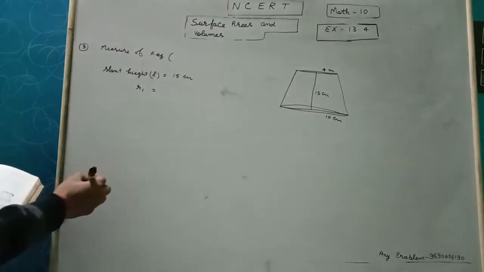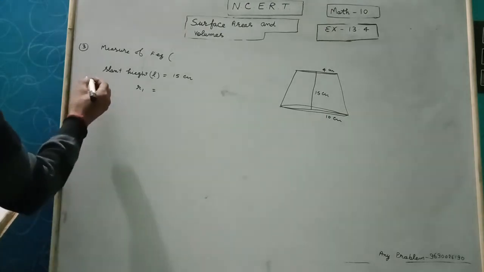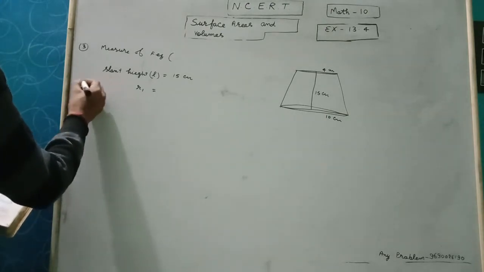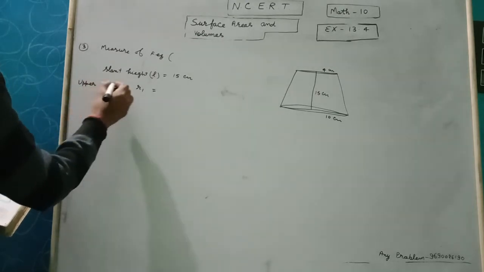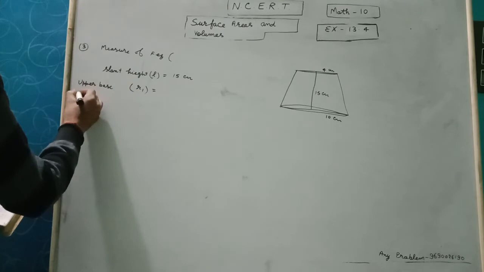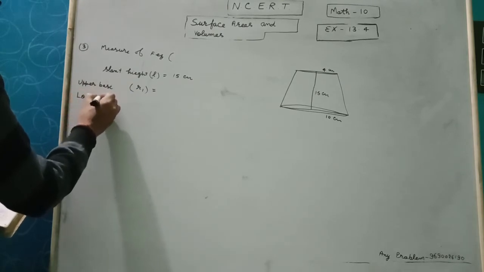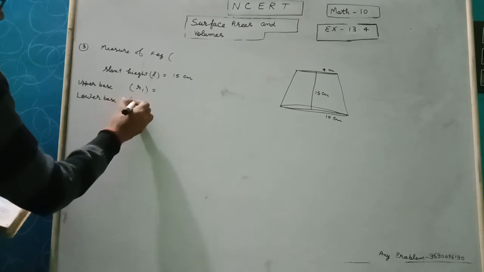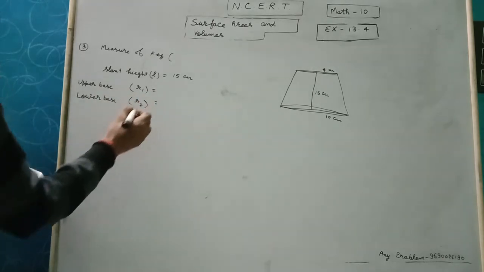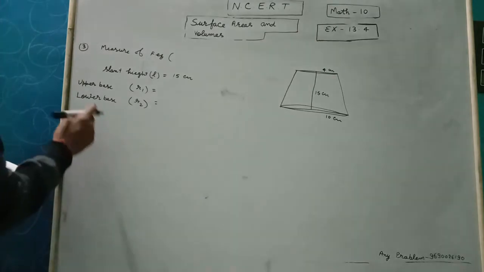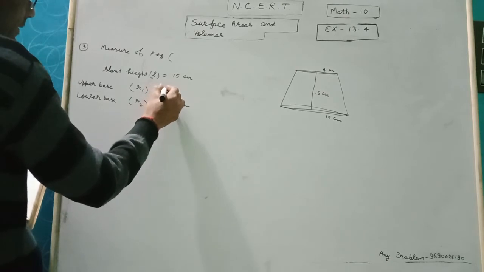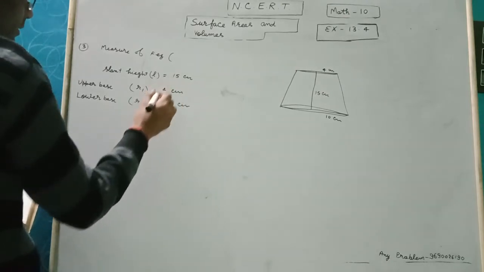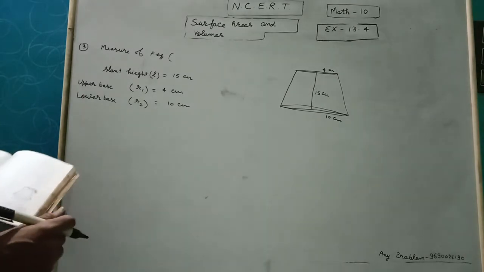R1 is the upper base and R2 is the lower base. The lower base is open, radius 10 cm, and the upper is not open.